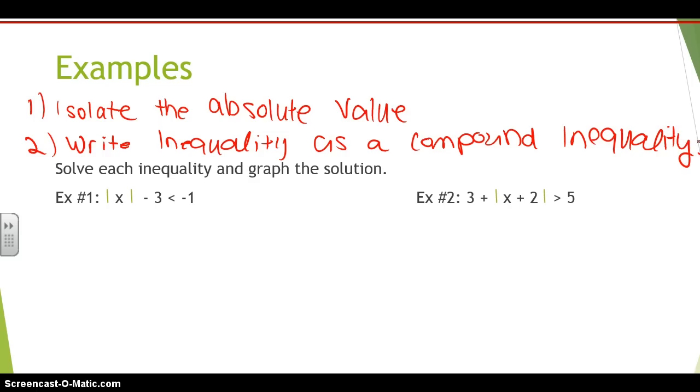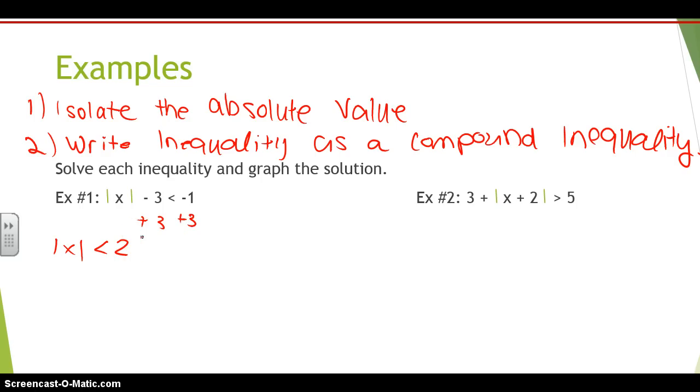The first one, we have the absolute value of x minus 3 is less than -1. We first need to isolate the absolute value, meaning we need to isolate this absolute value of x by taking away this -3. So I'm first going to add 3 to both sides. What I'm left with is the absolute value of x is less than 2, because -1 plus 3 gives me 2.